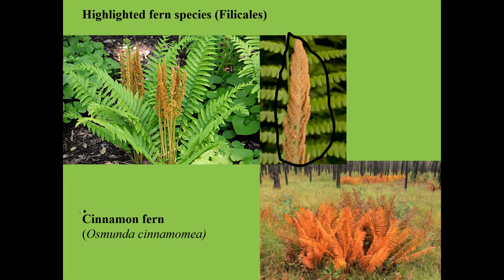And you can kind of see where cinnamon fern gets its name, right? The leaves bearing sporangia look like a cinnamon stick. And after a frost, when the leaves are going to die back for the winter, this is the color that the plant turns, which is also a cinnamon color. So leaf dimorphism here, just like we saw in sensitive fern.